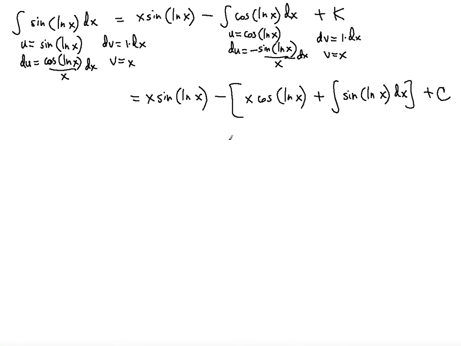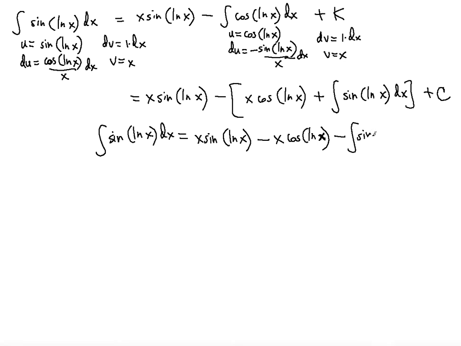So if you distribute the signs, first let's set the integral whose antiderivative we're trying to find on the left side. It's going to be x sine ln x minus x cosine of ln x, minus, distributing this minus, the integral of sine ln x dx, and then plus a capital C. Now notice something interesting.